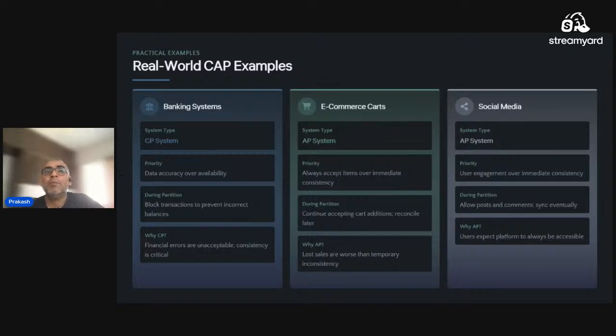If the application is not opening, users will be more demoralized than seeing their confirmation a few seconds later. That's what you prioritize. Social media, of course, AP systems. It's okay to show your post in your window a few seconds later, rather than the application not opening or not responding. So based on the use cases, you prioritize which one is really important for you.